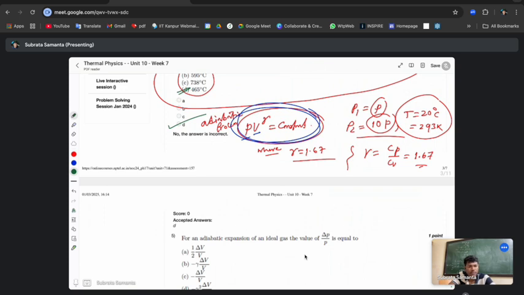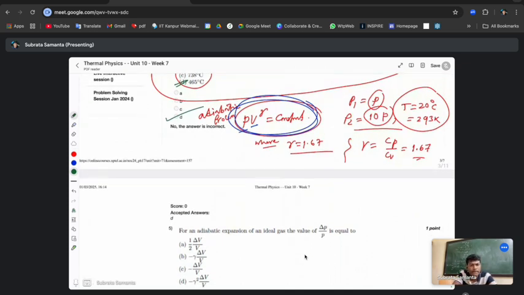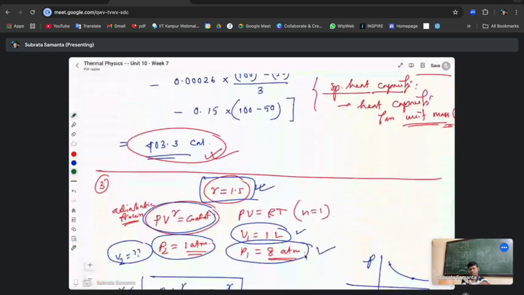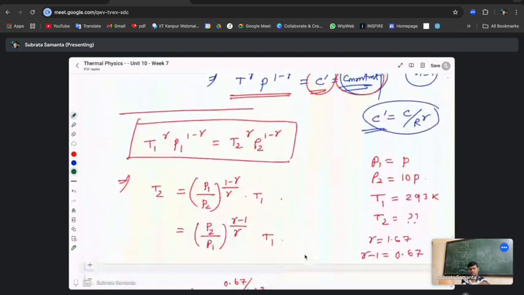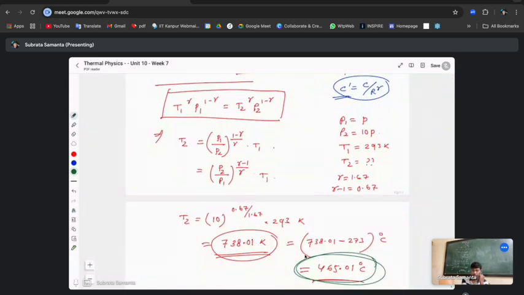You can also write in the chat if you have. Okay, if not, then I will move to the next one.